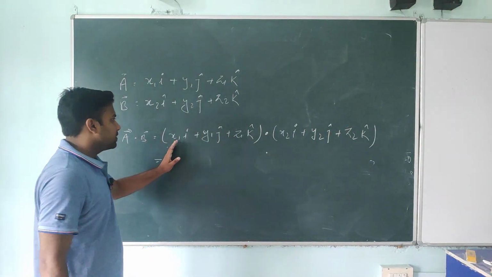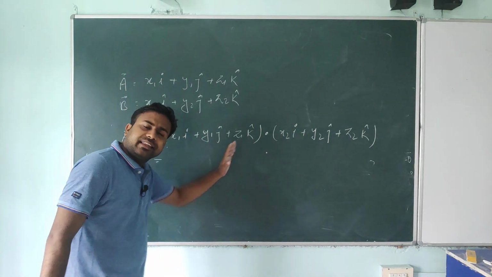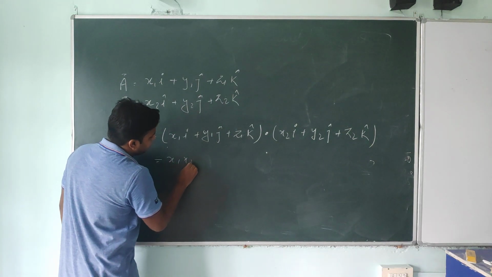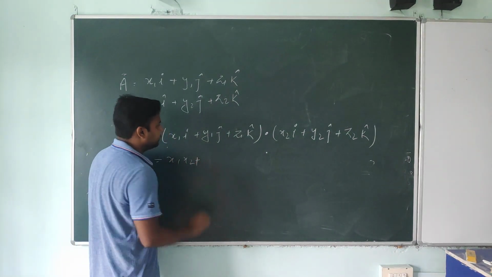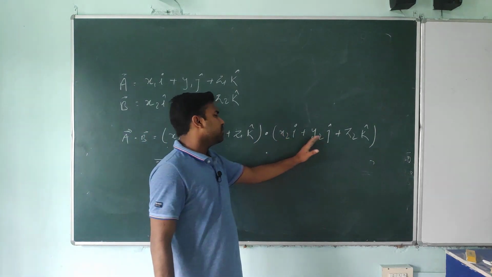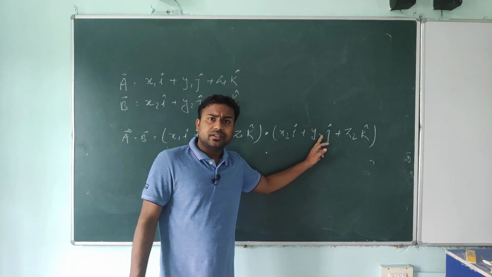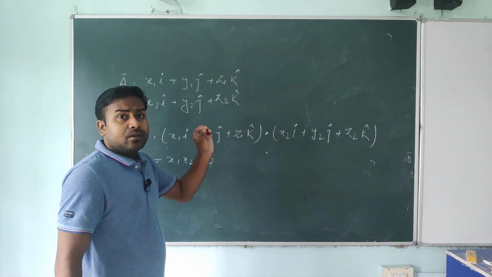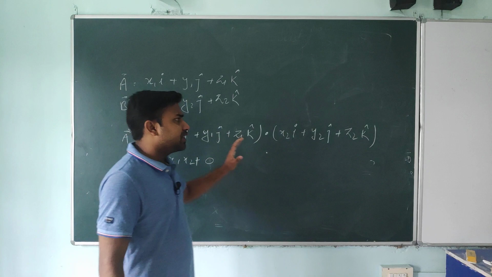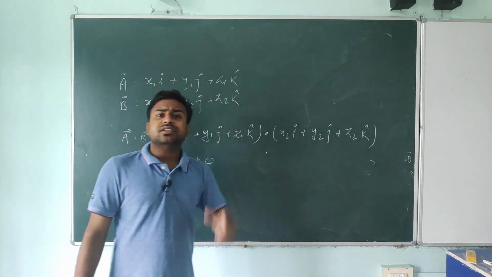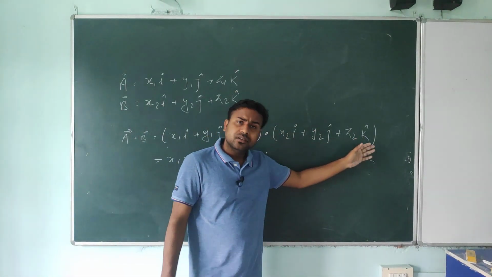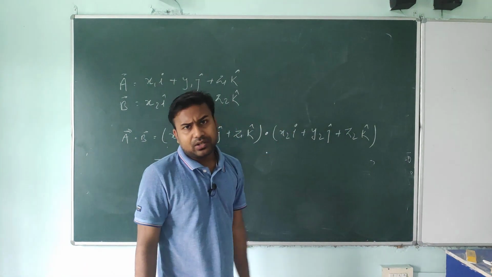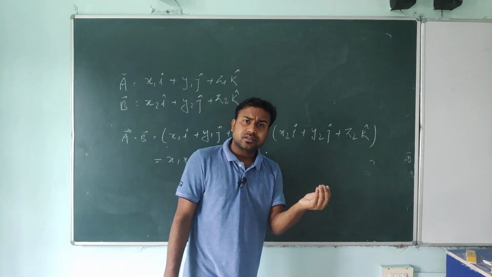Look at this, x1 with i cap: i dot i is 1, so we write x1 x2, plus x1 into y2, where i dot j is associated, so what do you get? 0. It means whatever dot product you take with a unit vector in another direction, or perpendicular, what you will get is 0.